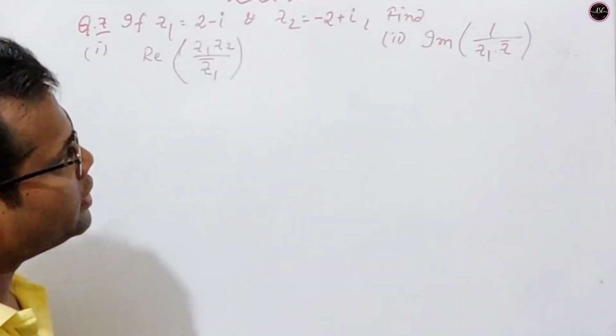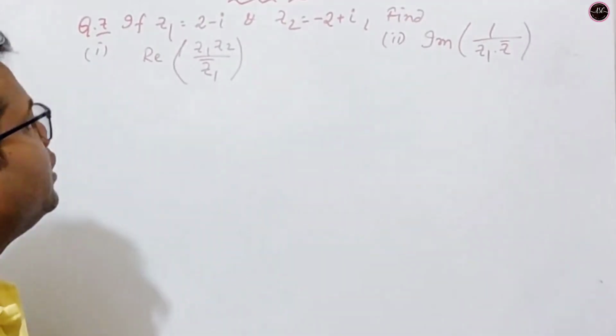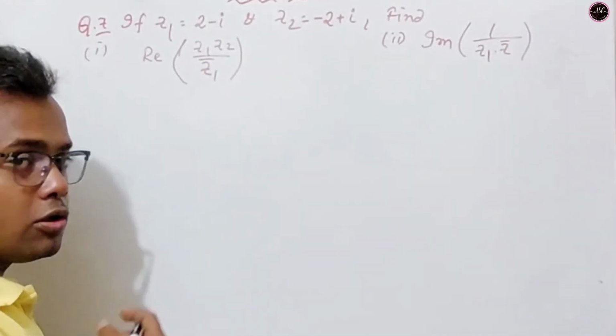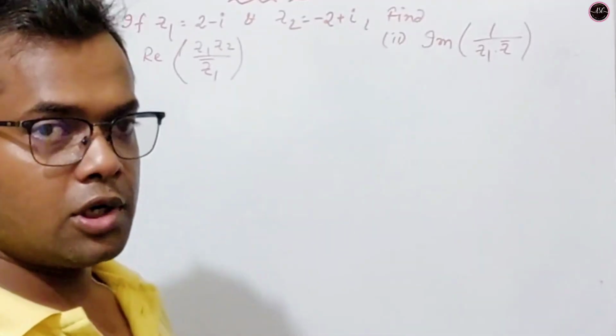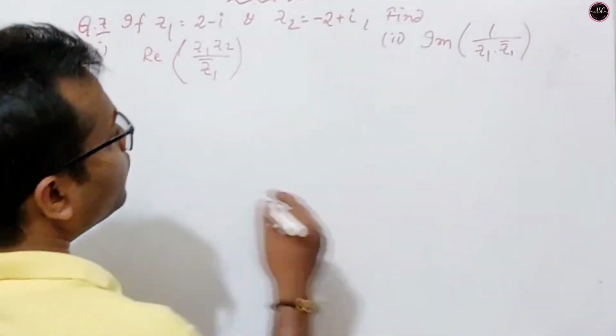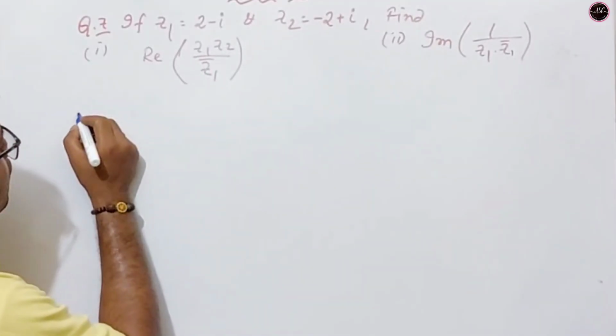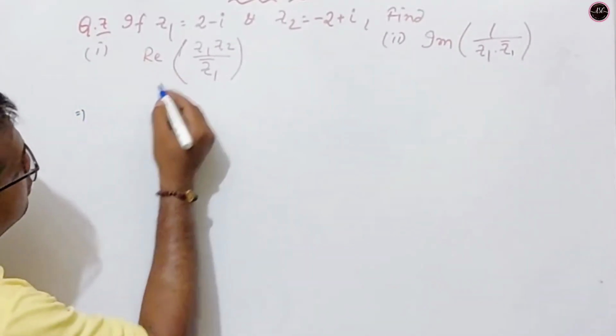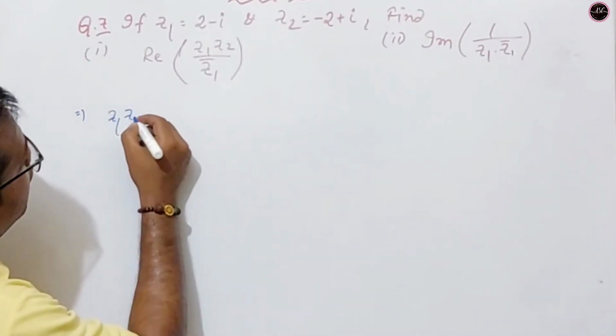Now look at this question. If Z1 is equal to 2 minus I and Z2 equal to minus 2 plus I, find the real part of Z1 Z2 by Z1 complement and the imaginary part of Z1 Z2 by Z1 complement. For this we first find out Z1 into Z2.